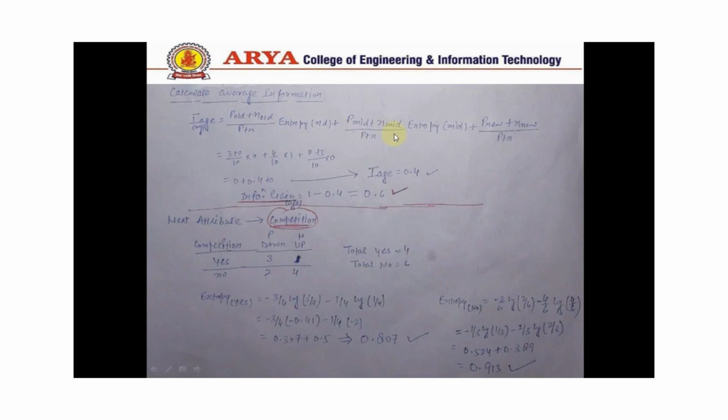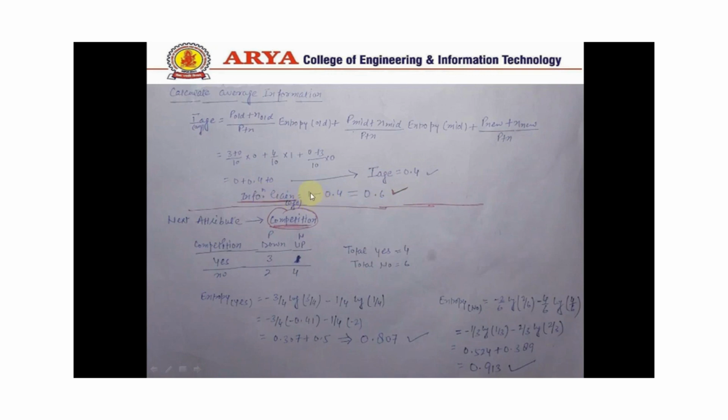So calculate average information. We have already seen the formula. The average information for the age attribute is P of old plus N of old by P plus N into entropy of old. In the same manner, P of mid plus N of mid by P plus N into entropy of mid. And in the same way, P of new plus N of new by P plus N into entropy of new.